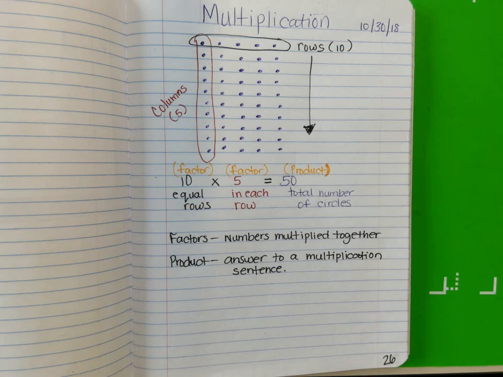Okay, so we started talking about multiplication. Some of the ways that we said we can represent multiplication were equal groups, arrays, area models, number lines, and just different ways that we can represent it. There were so many great answers that I heard in class today.